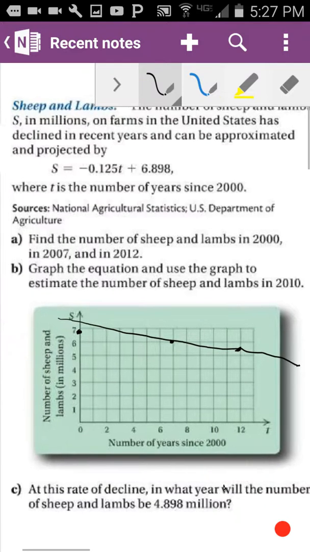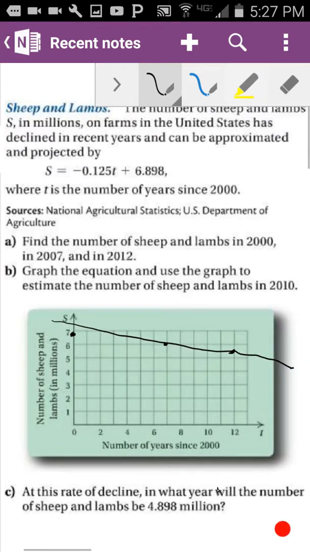Okay. So we have done the number of sheep, and we have graphed the equation. Now in B, it tells us to estimate how many sheep and lambs there would be in 2010. In 2010, that's 10 years after 2000, so t would be 10, and we go up from 10 to the graph, and we see that it would probably be a little more than 5.5 million.